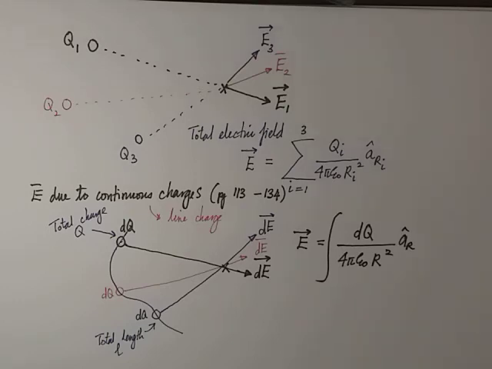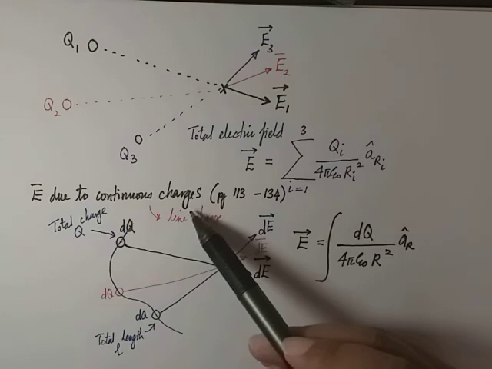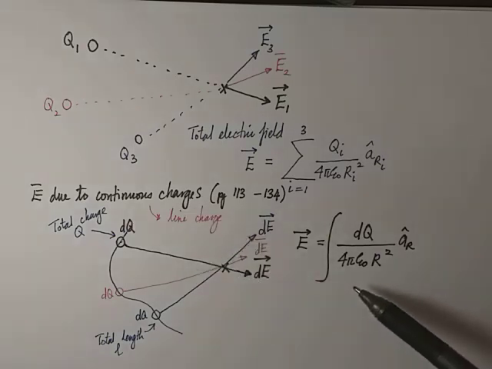So you can see there are two distinct equations that we can observe based on finding electric field intensity due to sources of electrostatic field. If we're dealing with point charge, we're going to use this upper equation. But if we are dealing with continuous charge, we must use this equation.